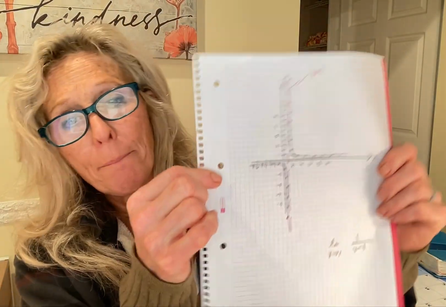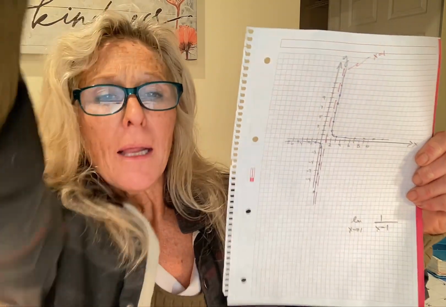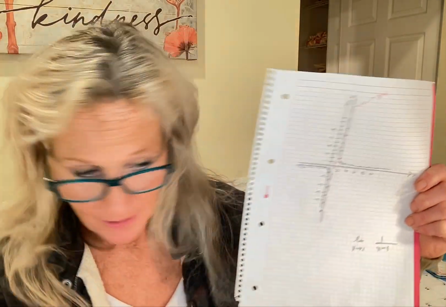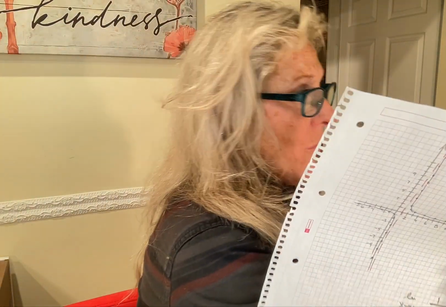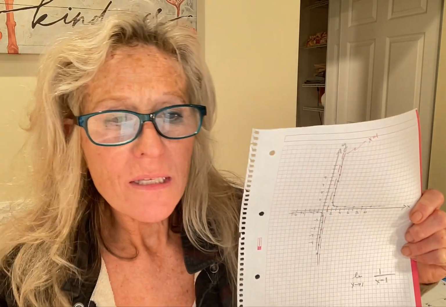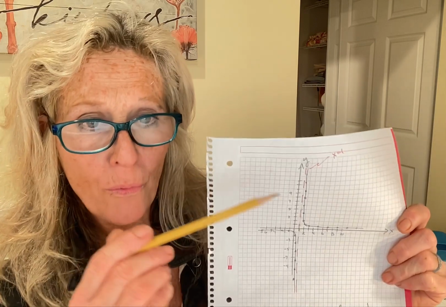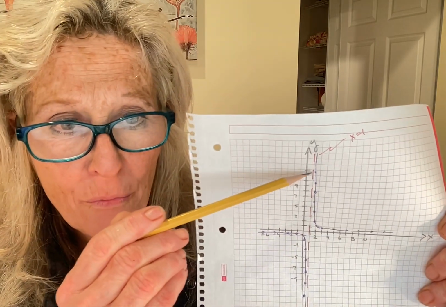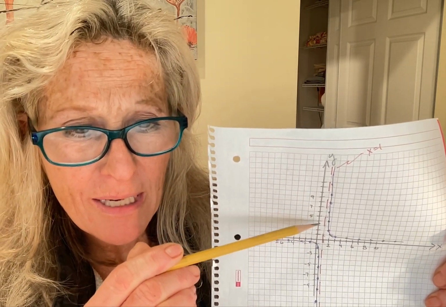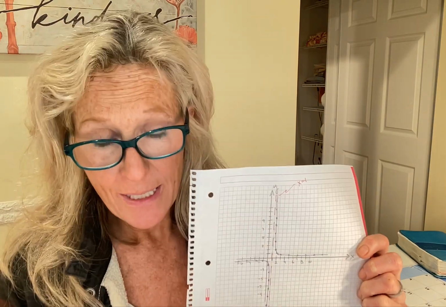I provided a graph. On this graph, red is x equals 1. That's what we're taking the limit to. That's the red dash right here.